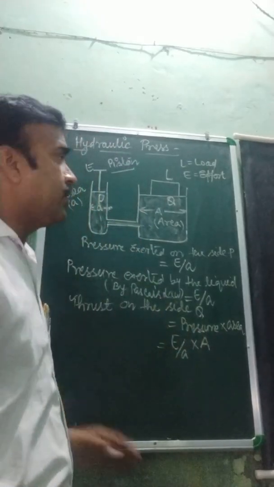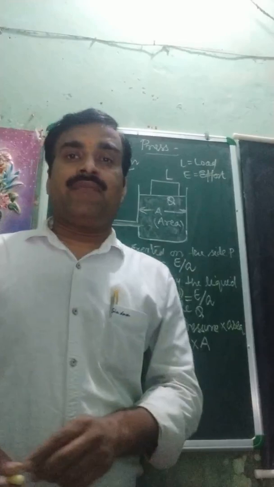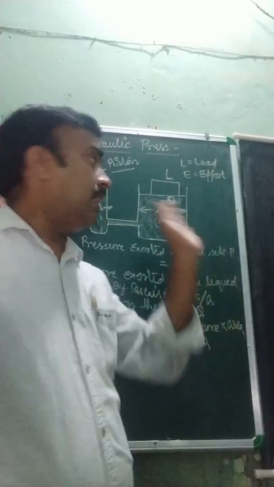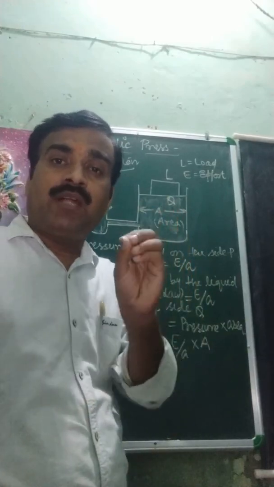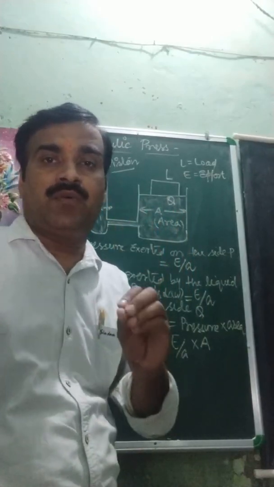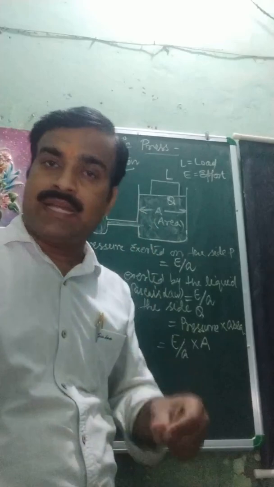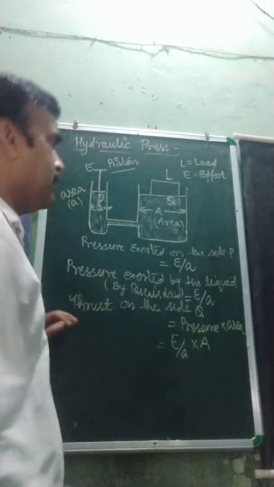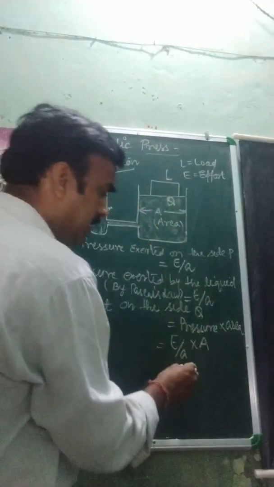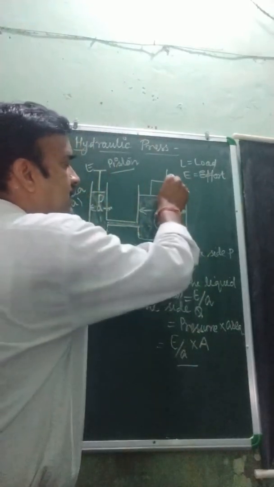Okay, now according to the definition of equilibrium, the downward force is equal to the upward force. Here the pressure is applied on side Q and this side is the load.